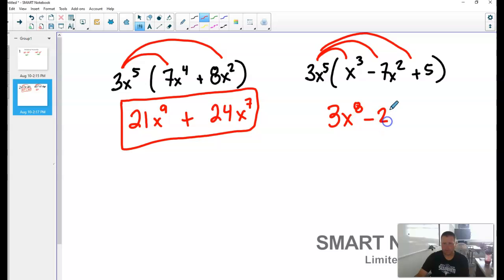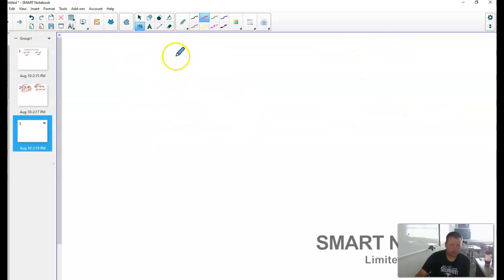And then minus 21x to the 7th. 3 times 7 is 21, and 5 and 2 is 7. And then I've got plus 15x to the 5th. So you just multiply it to everything. It's just single distributing. Okay, I can take that again a step further.